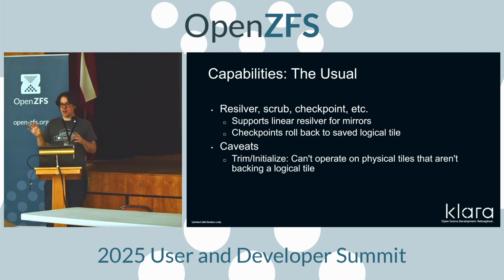Initialize was originally intended to work more with thin provision devices and cloud devices and things like that. But when you're creating those devices, you get to specify what size they are. And so the advantages of AnyRAID, where it can support these different size disks, are not as essential for that use case. And so it's an acceptable trade-off to not have initialize work for the entire physical VDEV. These things could be augmented in the future. They're not by any means permanent problems, but for the initial implementation, these are the caveats.